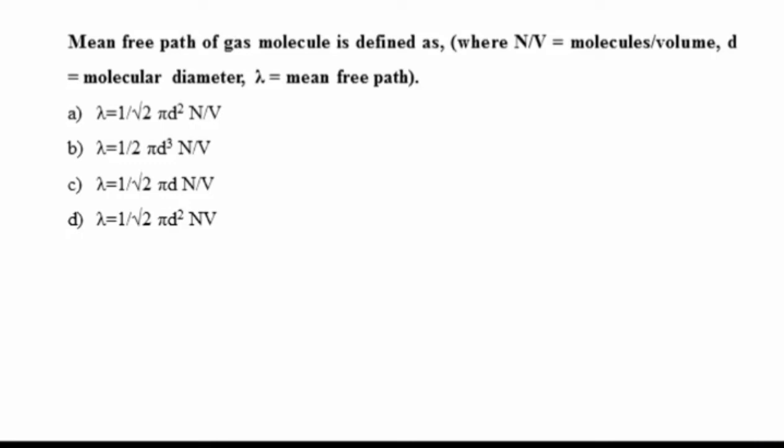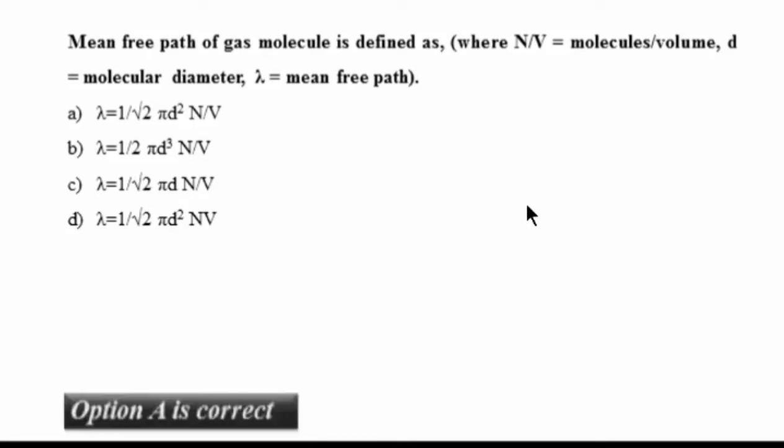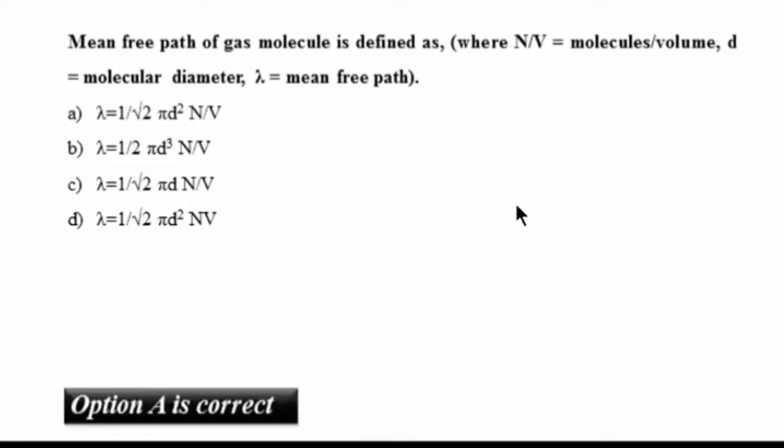And the mean free path of a gas molecule is given by lambda is equal to 1 upon under root 2 pi d square. D is going to be your molecule's diameter, N is your number of molecules per unit volume, that is N upon V. So from the given options, option number A is going to be the correct answer.